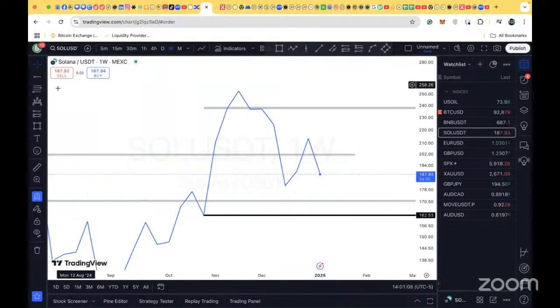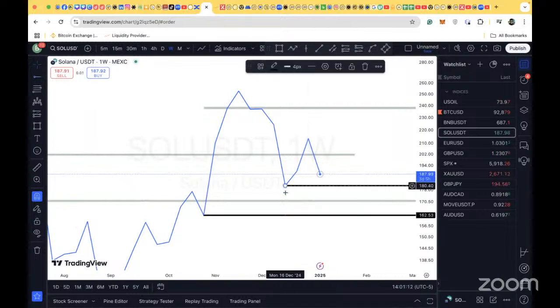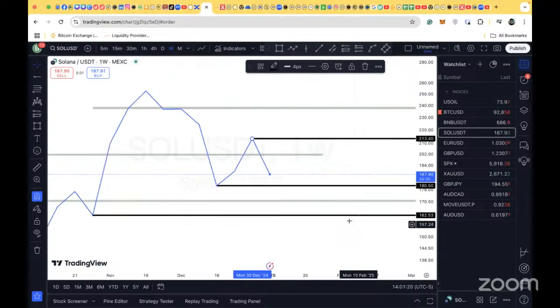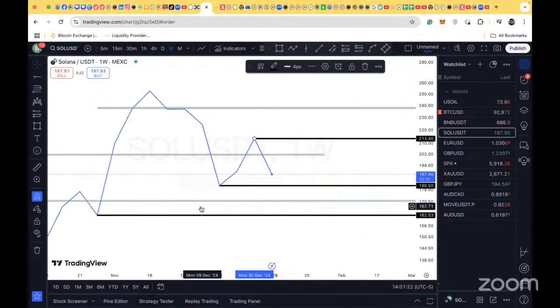Let me also use a tick line here. This is my price. This is a turning point. Let me use a tick line also here. This is a turning point, my price. Now, this is the most important area for me now. The low, the high, the low, the high. It's trying to create another low.